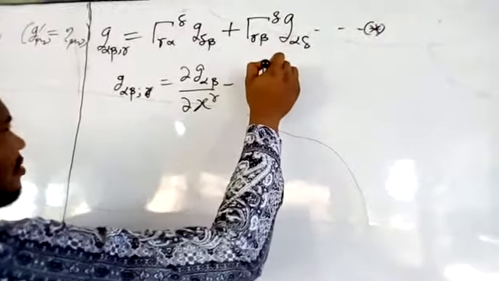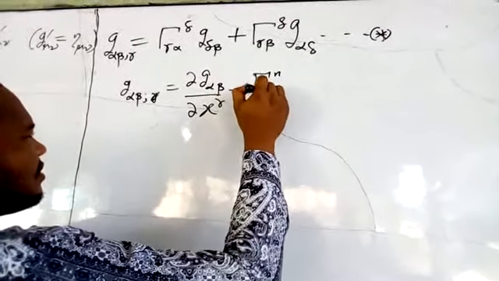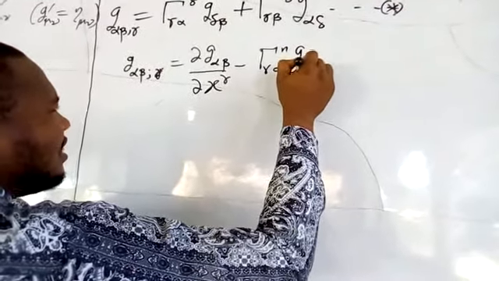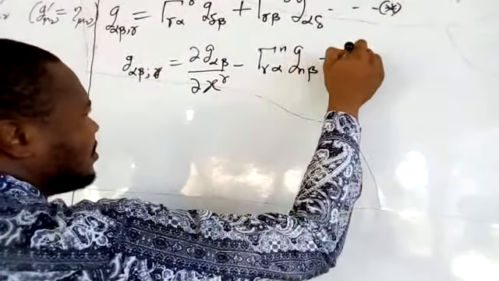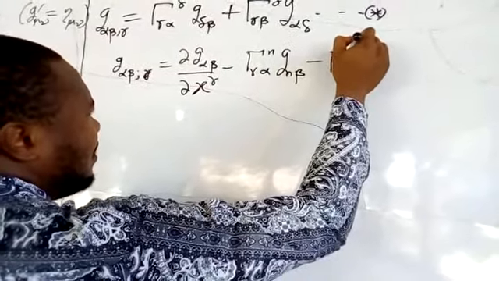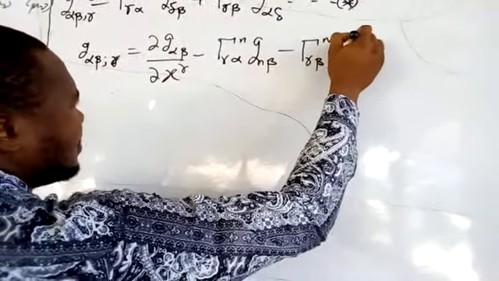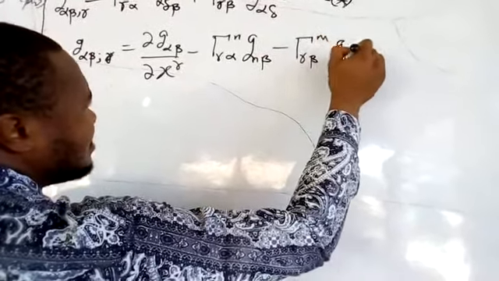Let me use n for that contraction. Gamma is that, and what I'm contracting in this case is alpha, and this is n and beta, and I'm going to have another one again. Let me use m this time around. Gamma still follows, beta is what I'm contracting, G alpha, and this is m.